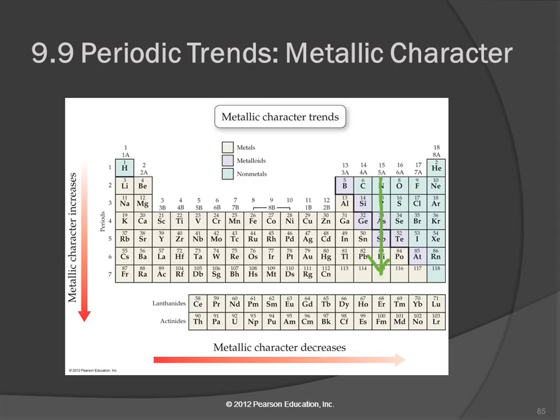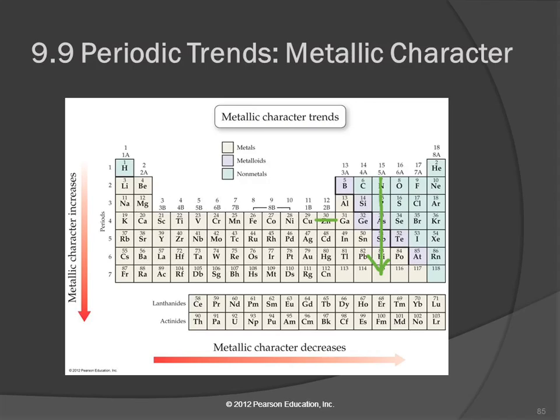Let's take period 4. Krypton is a noble gas. Bromine, these are nonmetals, right? These are semi-metals. And over here, zinc, copper, nickel, we recognize those from just general being alive as being metals, right?